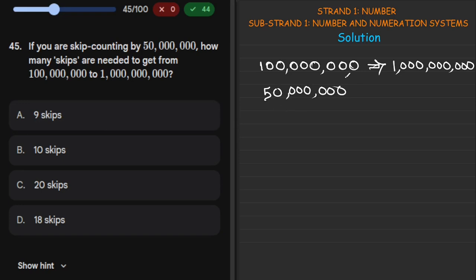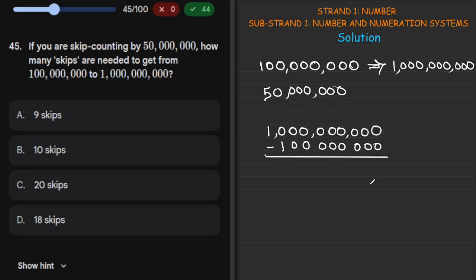So how do we go about this? First of all, we need to know the difference between these two digits. And then we'll get to know how many times of the 50 millions we need to cover that difference. If we subtract this from this using the vertical method, all these will keep giving us zeros.